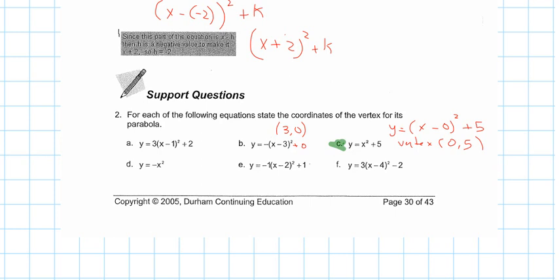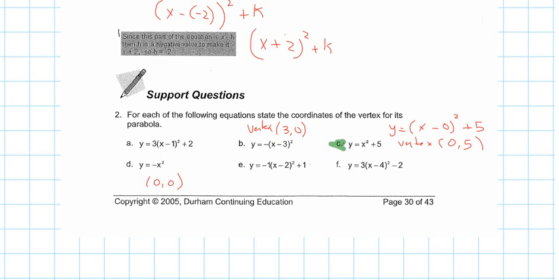So the vertex here is 3, 0. What about D? There's nothing. Exactly, there is nothing. Which way does this open? So you can't even graph that. It's just 0, 0. It is.